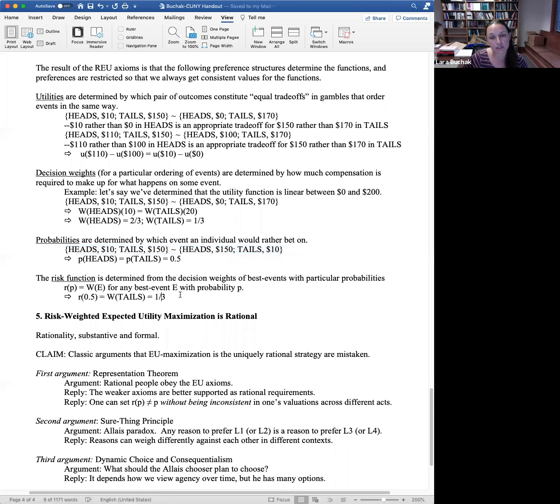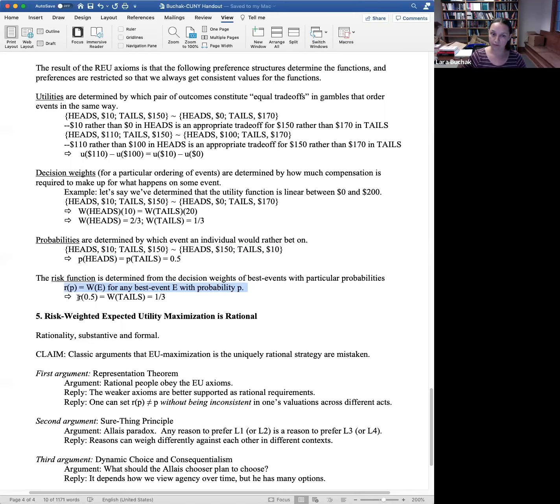And finally, the risk function is determined from the decision weights of best events with particular probabilities. So we've already derived our utilities, our decision weights, and our probabilities. We just set the risk function of a given probability equal to the weight of some event with that probability when that event is the best event.